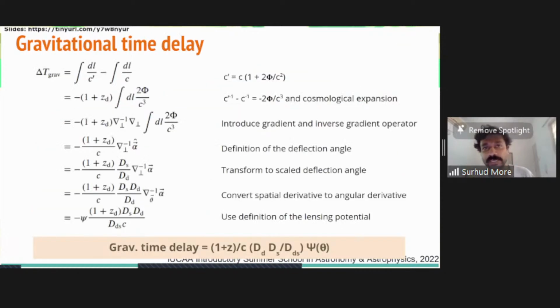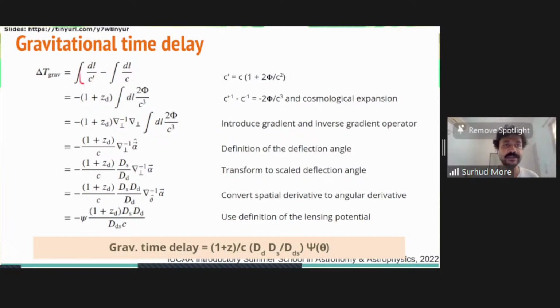In addition to the geometric time delay, there is also an extra component which comes because light is slowing down in the presence of the potential of this object. You can again go through the mathematics of this time delay. The way you write it is dl by c prime, where c prime is the actual speed of light in the presence of this massive object.